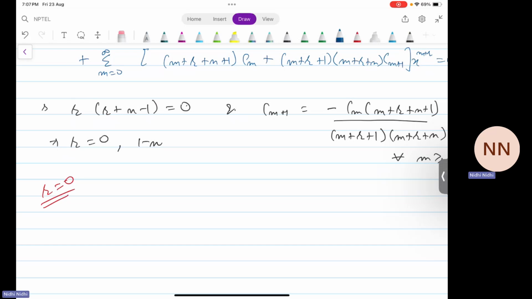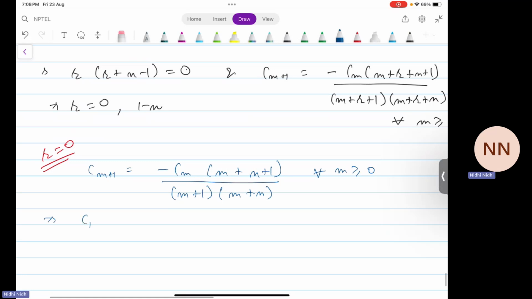In this case, we have Cm plus 1 is equal to minus Cm times m plus n plus 1 by m plus 1 m plus n for every m greater than or equal to 0.